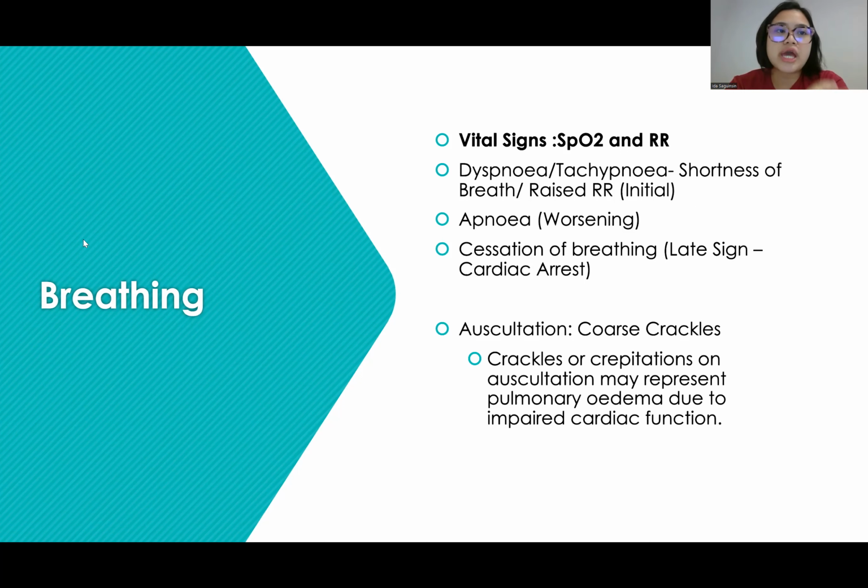With SpO2, any change outside of that patient's normal, or if the oxygen level does not fall within the target range, like 94 to 98% for normal patients, and between 88 to 92% for patients with COPD retaining CO2, then we would always think about potential ischemia.